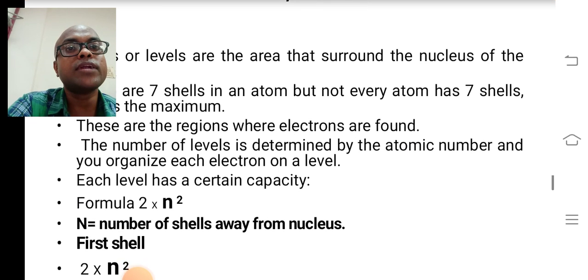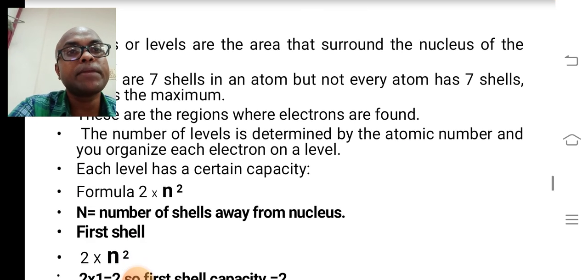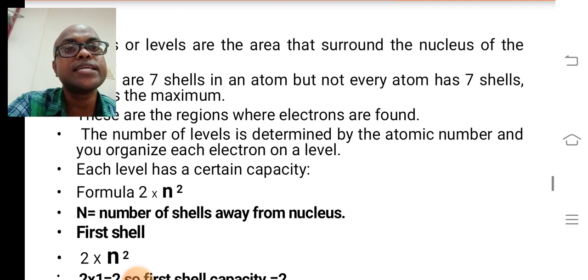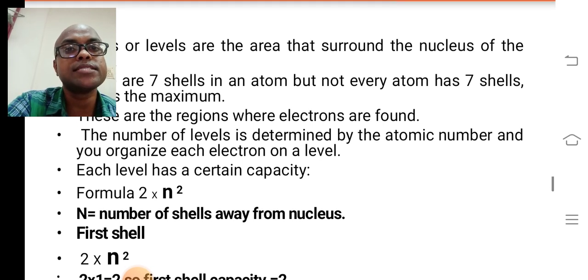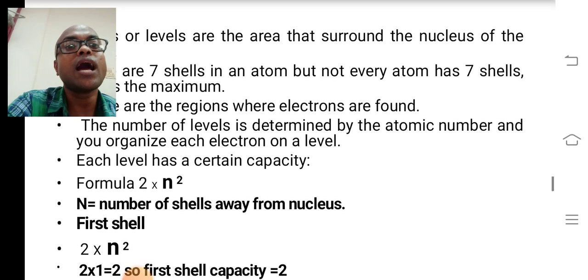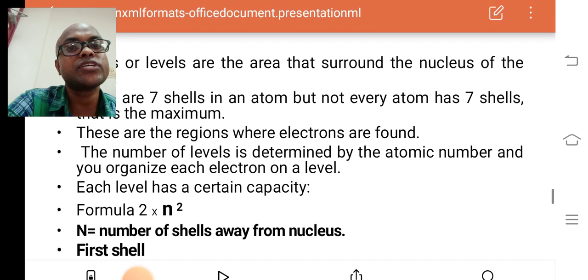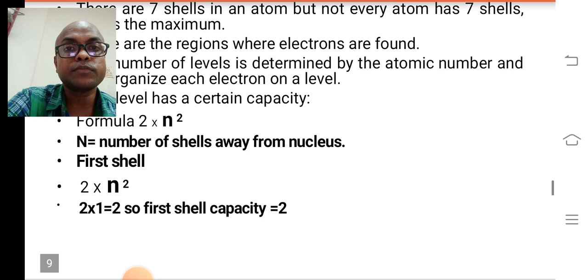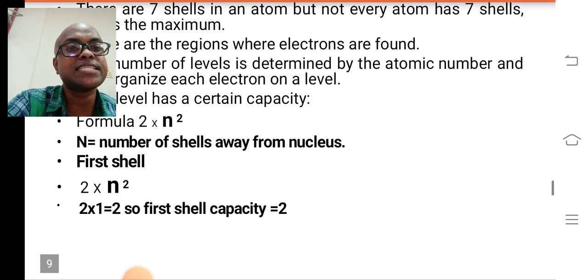The number of levels is determined by the atomic number, and you organize each electron on a level. Each level has a certain capacity. The formula is 2n squared, where n is the number of the shell away from the nucleus. For the first shell, 2 into 1 squared is equal to 2. So the first shell capacity is 2.